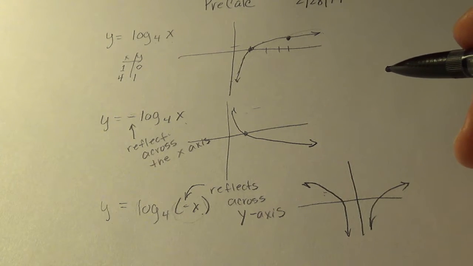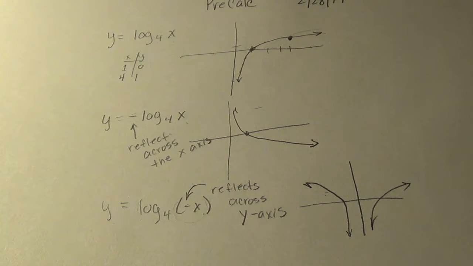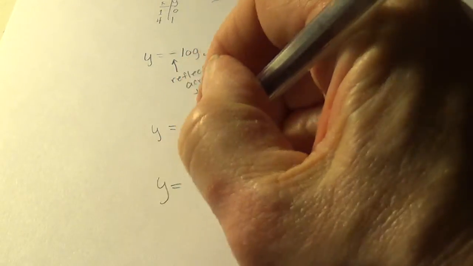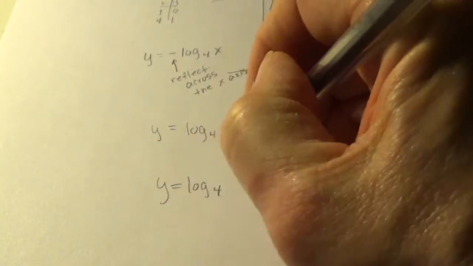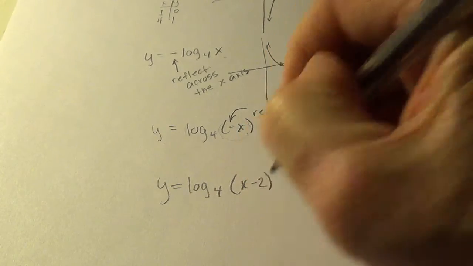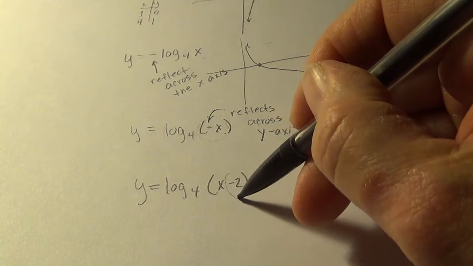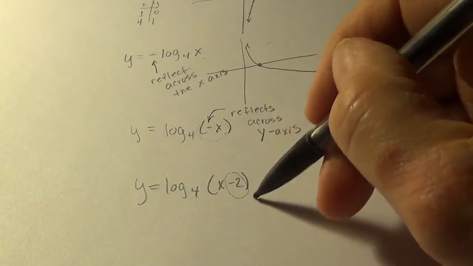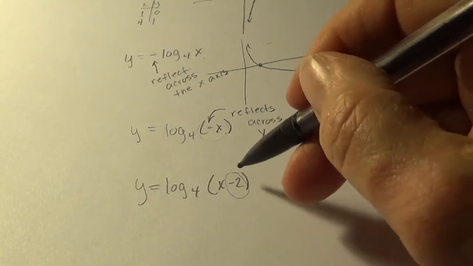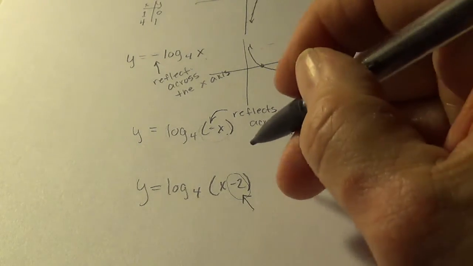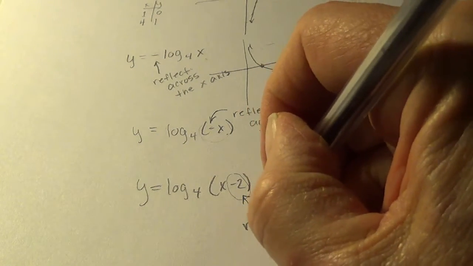Alright, and the other one that comes up sometimes is this kind of transformation. We have to recall that when the change is hugging the x, it's inside the argument, it works opposite to what you think. So you'd think it would be left, but it's a right.